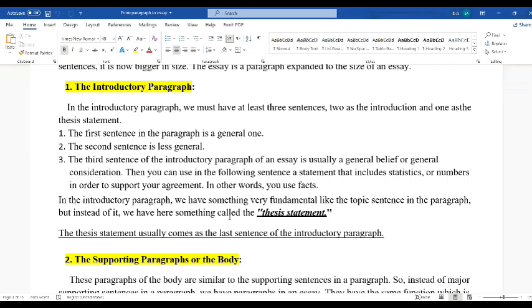It is the most important sentence in your essay. When you write an essay about any topic, the first sentence that I will look at is the thesis statement.